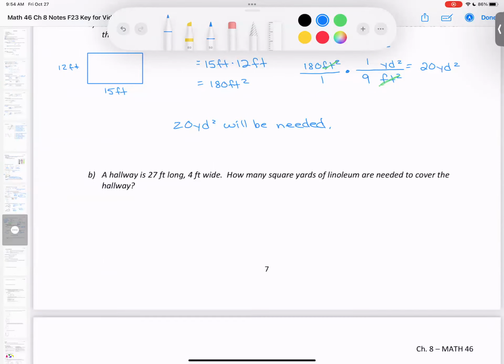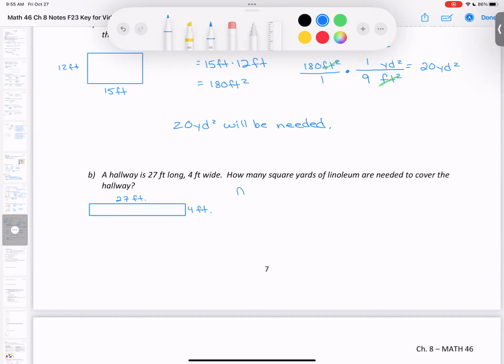So we've got a hallway. Here's my hallway. It's 27 feet long and 4 feet wide. So we want to know, once again, how many square yards of linoleum are needed to cover this hallway.